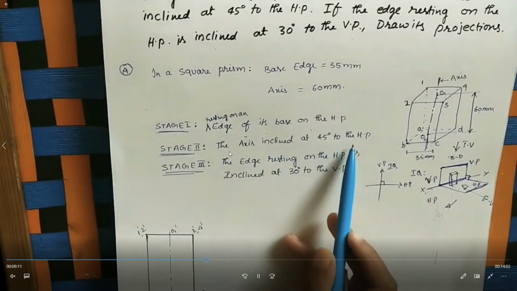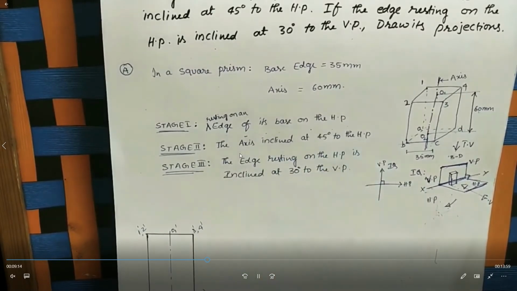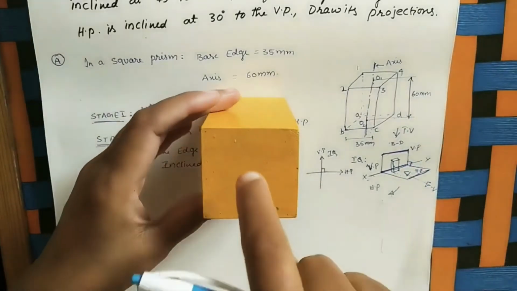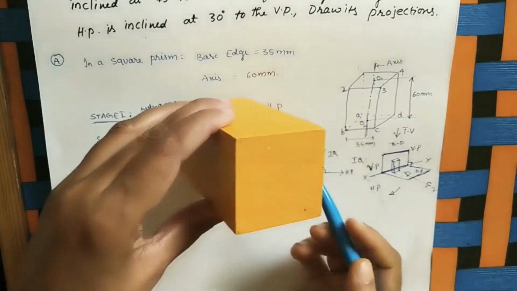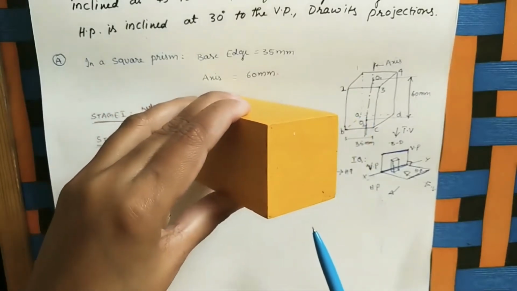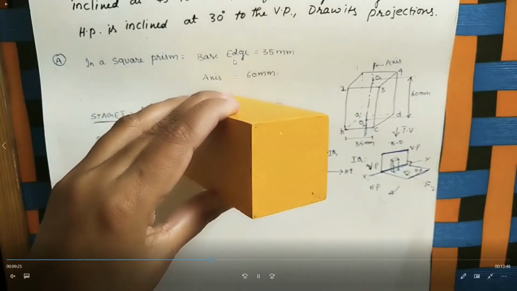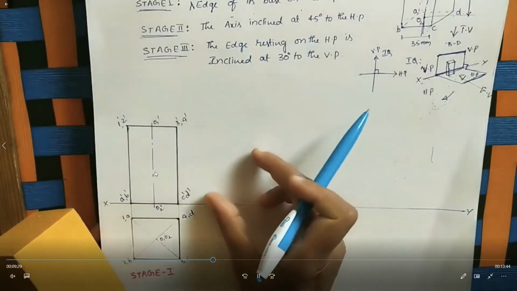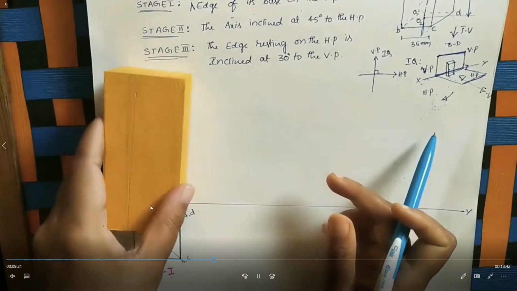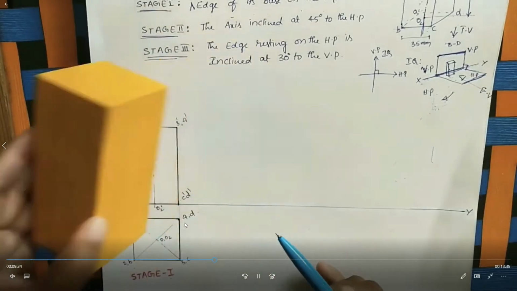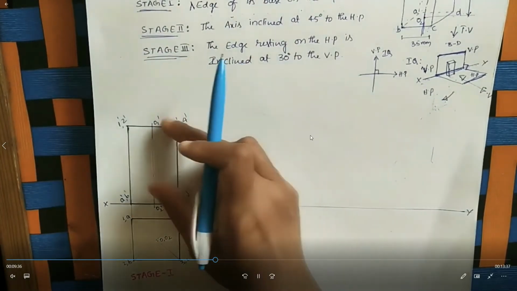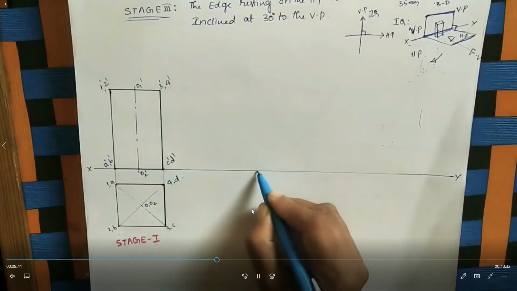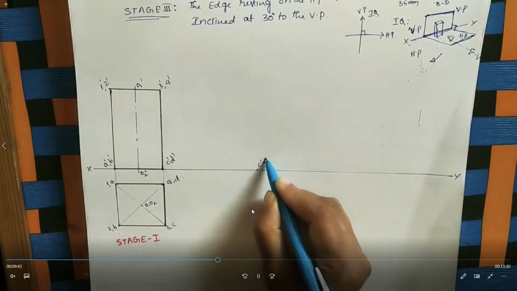Next we need to draw stage 2. Stage 2 is where the axis is inclined at 45 degrees to the HP. So the axis distance is actually 60 mm. On the reference line, this is the axis distance, 60 mm in length.